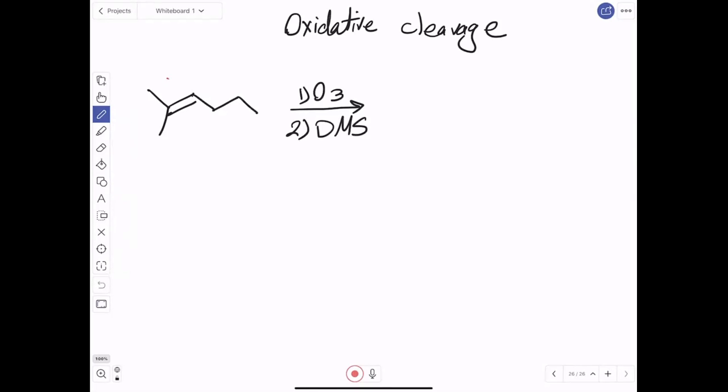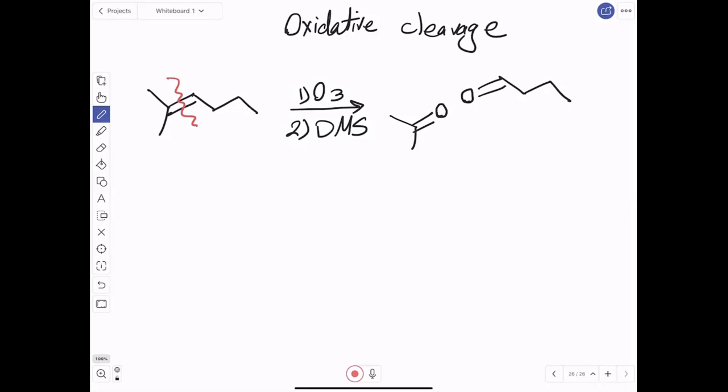Ozone will break down the double bond in the middle. Okay. So you will draw both portions separately and add one oxygen to each end. So ozone will break down the double bond in the middle, and the products are a mixture of aldehydes and ketones.